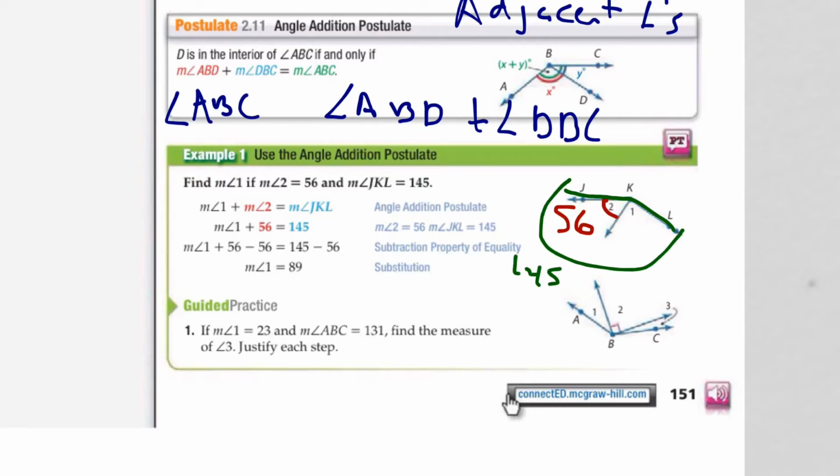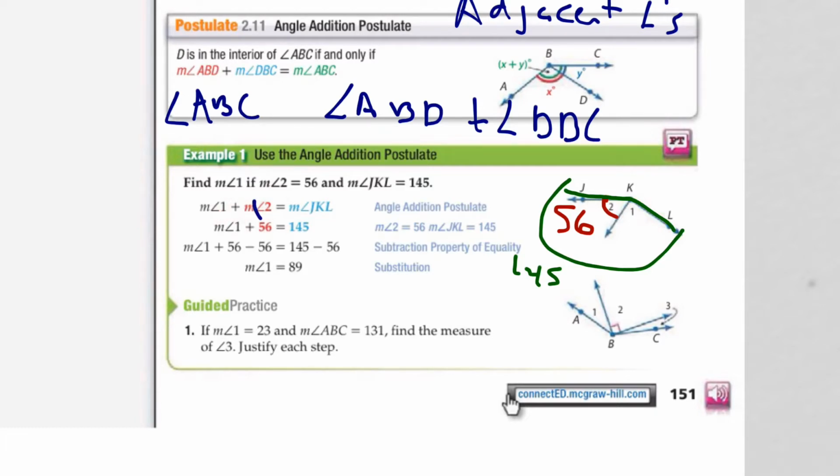Okay. So what ends up happening here? Well, I could find the measure of angle 1. How? A little bit different. They're letting us know that the measure of angle 1 plus angle 2 is going to give me the whole thing. So if I do that, I get measure of angle 1 plus measure of angle 2.